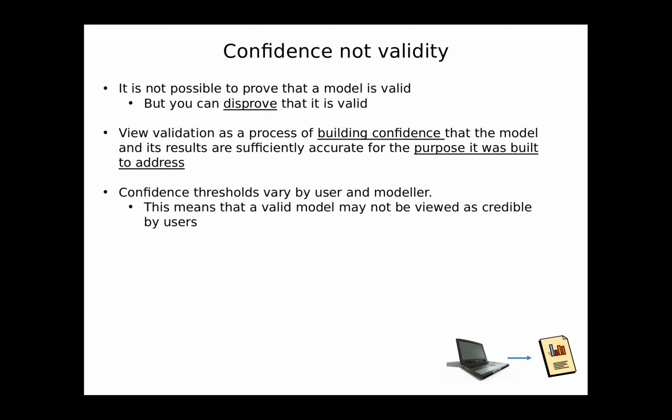So it's really important to consider that you may have a valid model that is actually a very good predictor, but it may not be viewed as credible. They may not trust it. Equally, you may have a model that is a load of rubbish and doesn't predict the real world very well at all, but it may be viewed as credible, particularly if the model says what they want to hear.